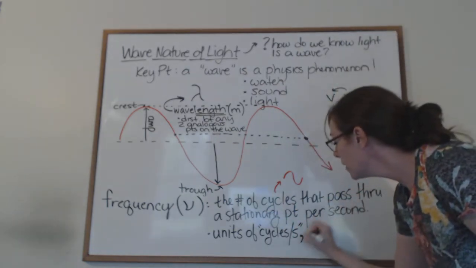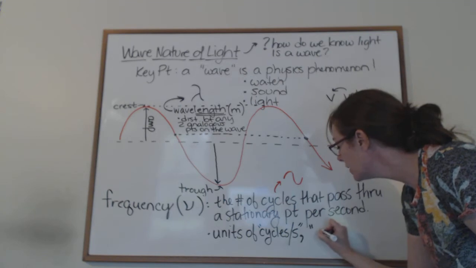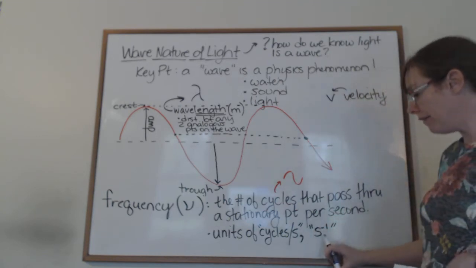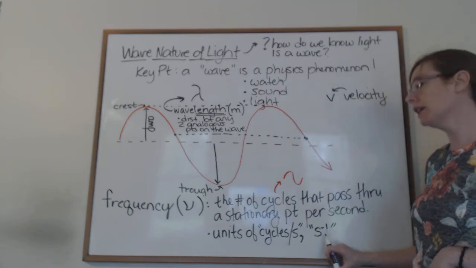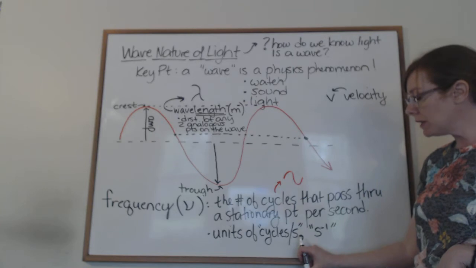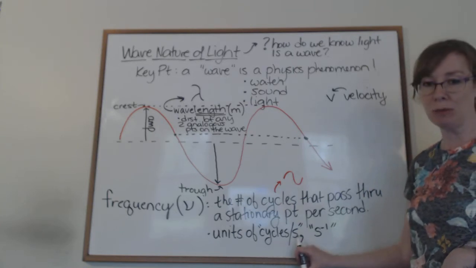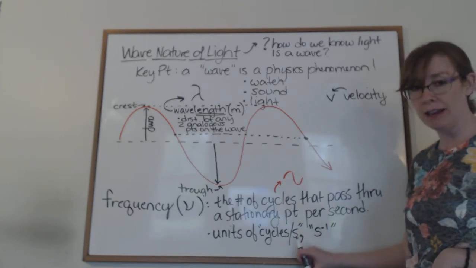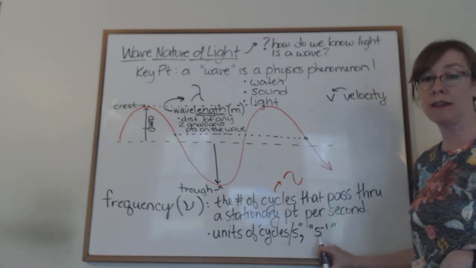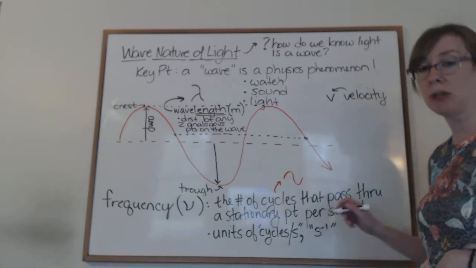Another one, and frankly the most common, is called s to the -1. When you have a -1 as your exponent, you're essentially saying that that thing is in a denominator. So it's basically the same as this unit without the word cycles. It's just per second. That's actually the most common unit that you will see for frequency, s to the -1. It just means per second.